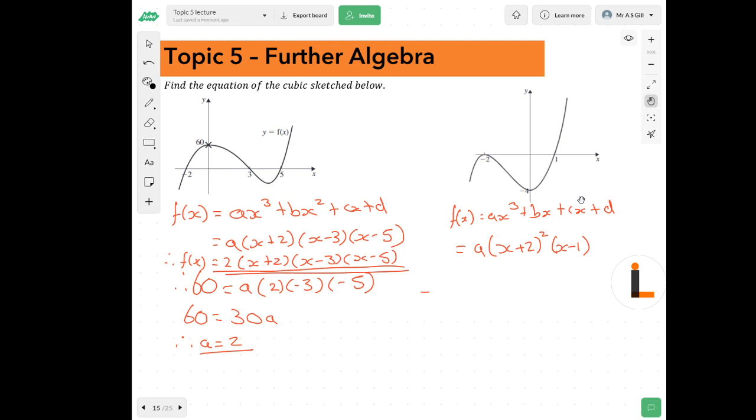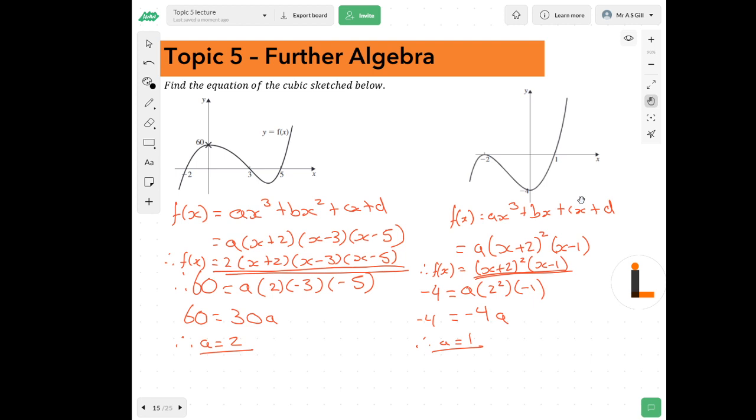So we're going to get minus 4 is equal to, and we get a solution there.